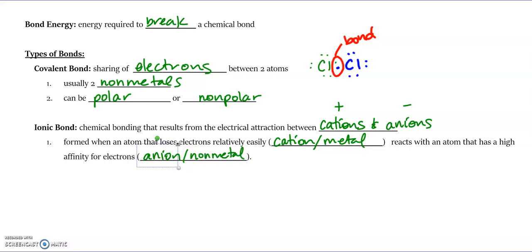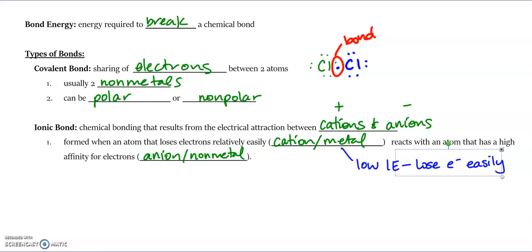This cation or metal comes from when the metals have low ionization energy. They will lose electrons. So I'm going to write low ionization energy, which means they lose electrons easily. And when they lose electrons, they become more positive. So that's where the cation piece comes in.